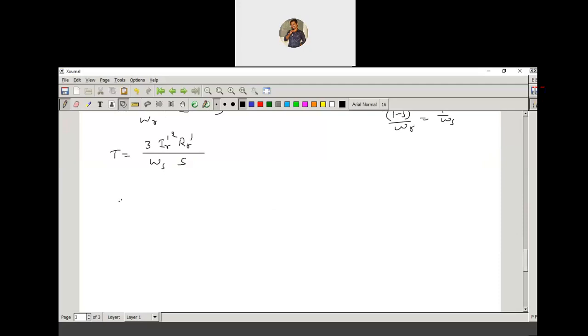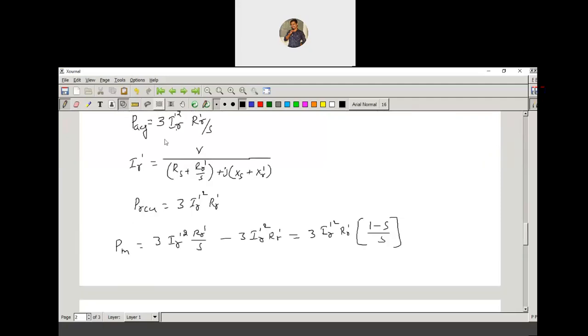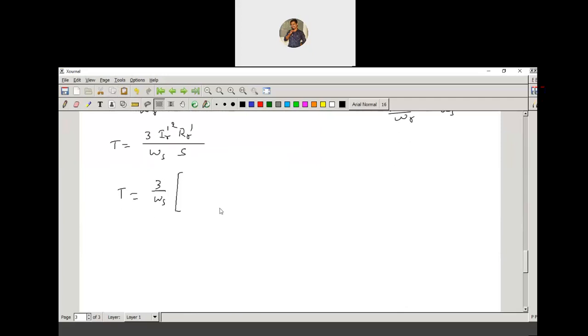So for the further simplification, I am writing here, observe here, there is a 3 by omega s. In place of IR dash, I am replacing IR with this value that we observed already. This value is V by this value. So this is the IR dash value.